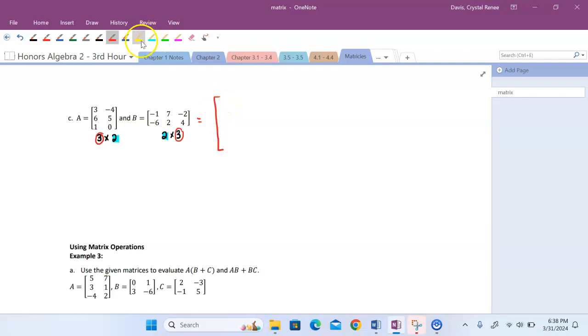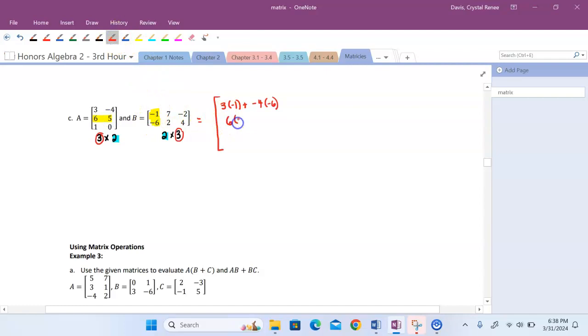Once again, we're getting a little bit bigger. The process is the same. I'm going to take my first row here and multiply it by my first column here. So I have 3 times -1 plus -4 times -6. Then I'm going to take my second row and multiply it by my first column.